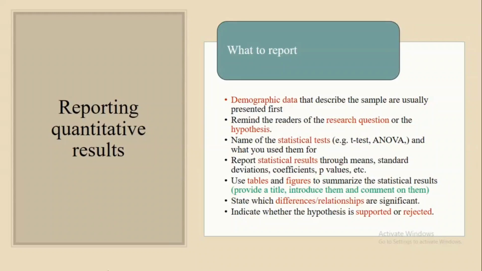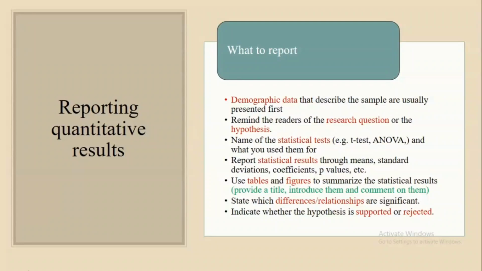I consider these findings, because you need SPSS, and you go to descriptive statistics to say how many females, how many males participated in the study, how many Saudi, how many non-Saudi. So always start with the demographic data in order to describe the participating sample.